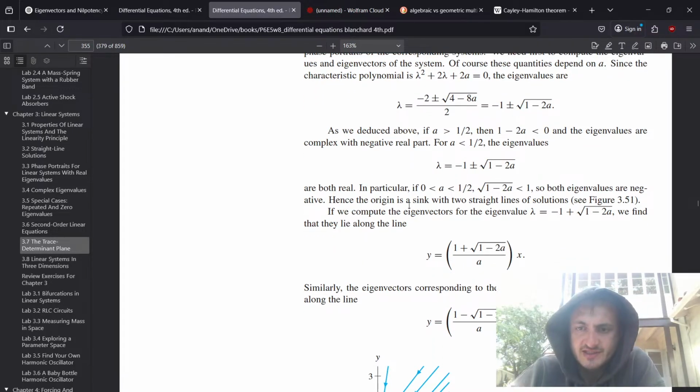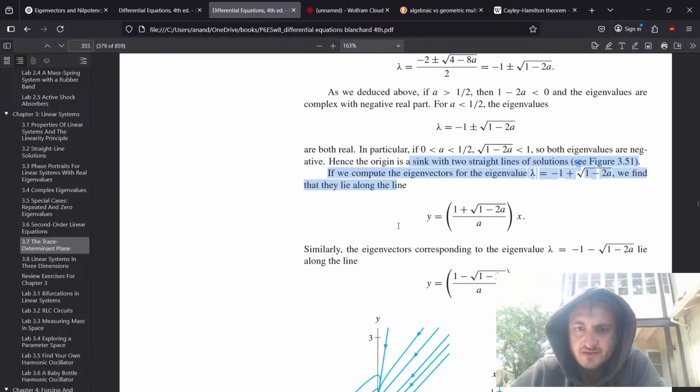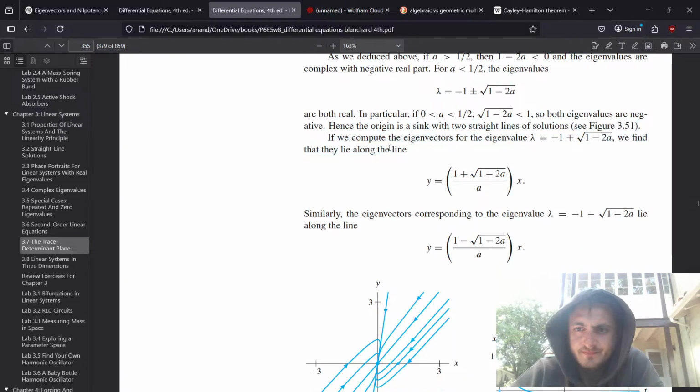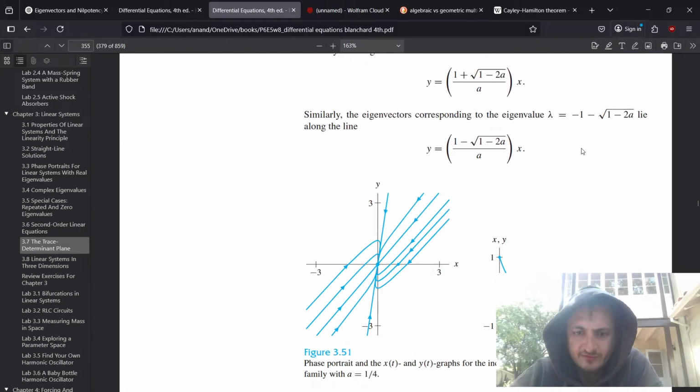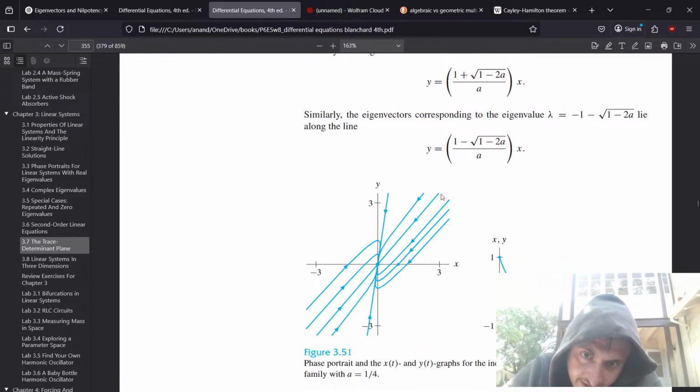Hence, the origin is a sink with two straight line solutions. Figure 3.51. Okay, yeah, you see we got this one, and we got this one.